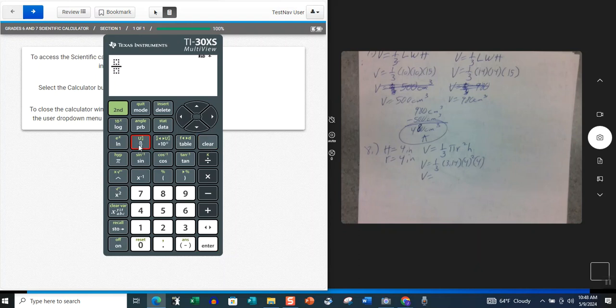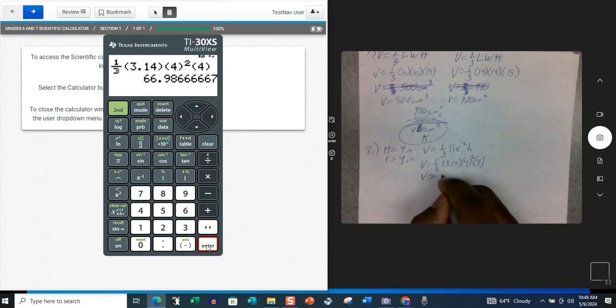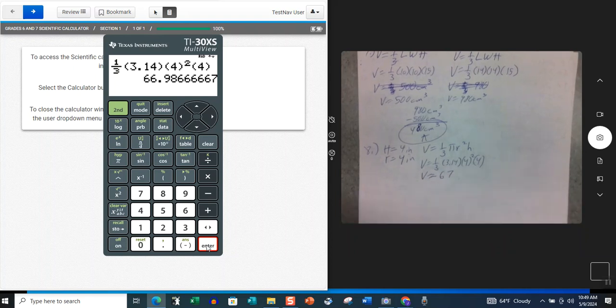So we'll press N over D, 1, down arrow 3, right arrow, we have parenthesis 3.14, and then we will have parenthesis 4, then we will square it, open parenthesis 4, close the parenthesis, press enter. So that would give us approximately for the volume 67 cubic inches. So that would be the answer, and that would be C.